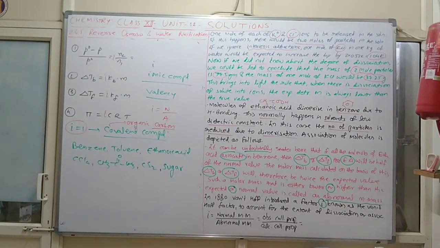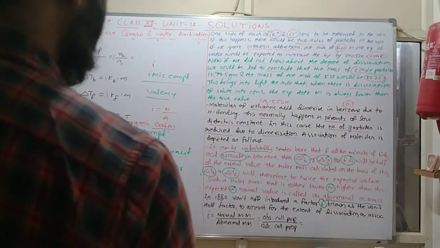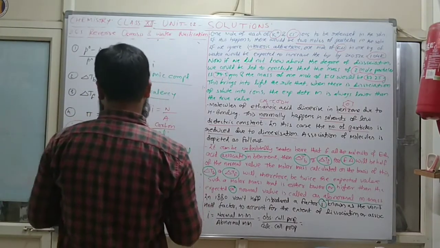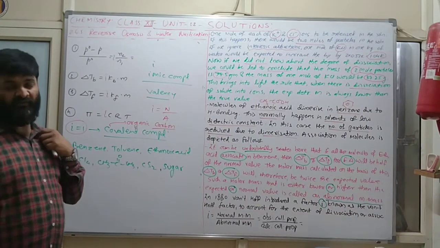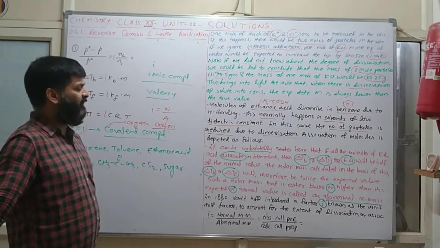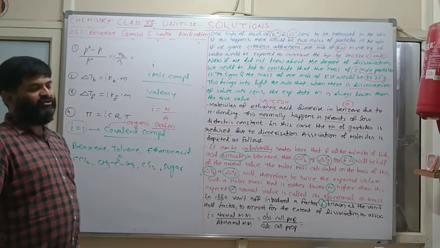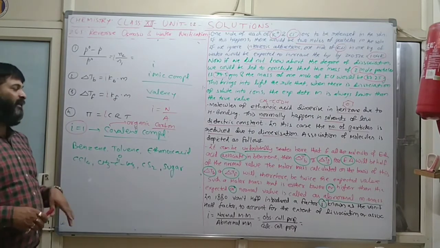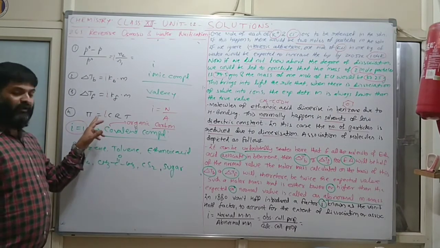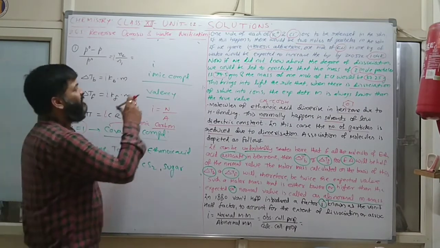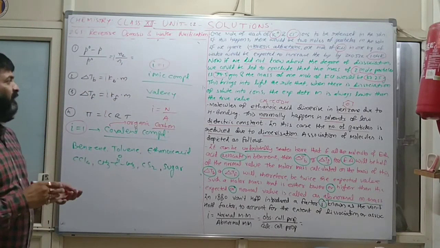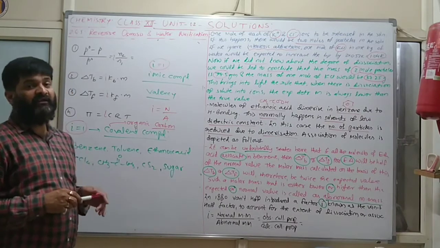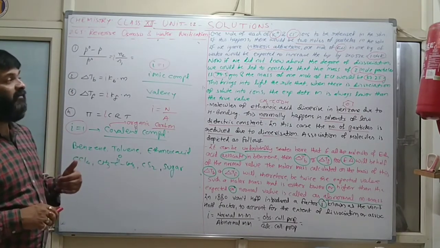In case of ionic compounds, we have to find out the valency of cation as well as anion. So when a numerical comes, you have to see that if i is equal to 1, then there is no problem. But if the i value is more than 1, then in that condition your answer will not be perfect.